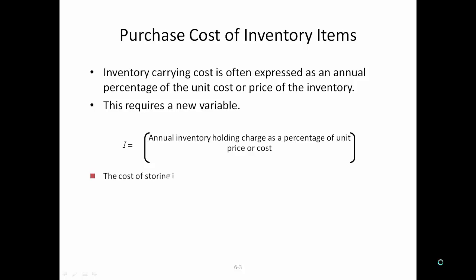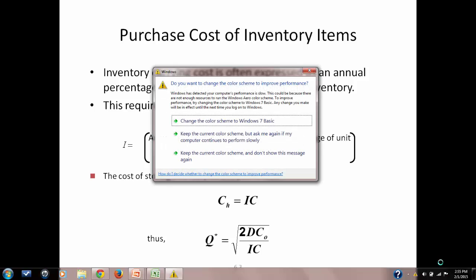Here are a couple of other items of note. Inventory carrying cost is expressed as an annual percentage of the unit cost or price of the inventory. Now we introduce a new variable which we call I, which is the annual inventory holding charge as a percentage of the unit cost.